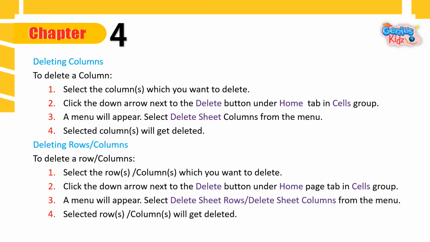To delete rows: 1. Select the row(s) which you want to delete. 2. Click the down arrow next to the Delete button under the Home tab in the Cells group. 3. A menu will appear. Select Delete Sheet Rows from the menu. 4. The selected row(s) will get deleted.